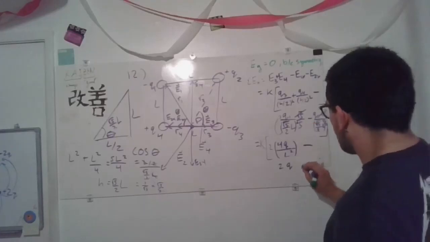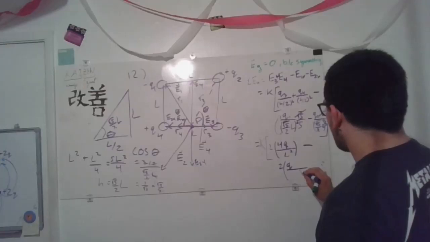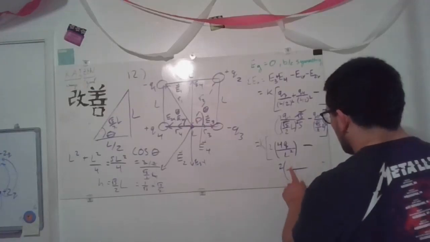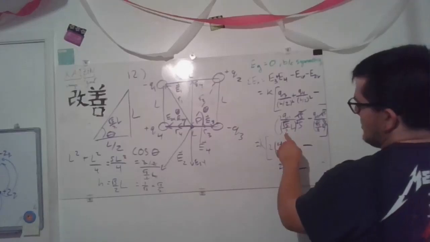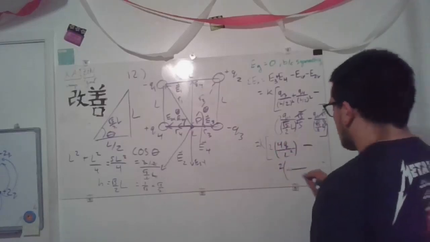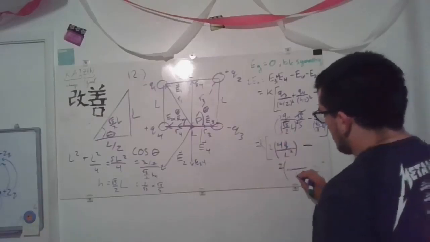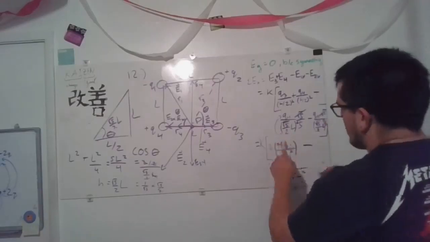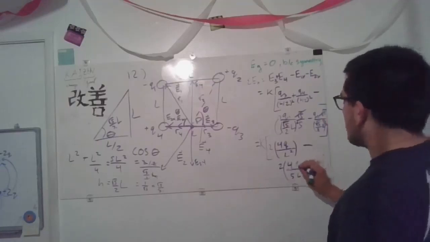And then 2 times, let's see. Radical 5 over 2 times this will be, I'll get an L squared, right? Radical 5 will just become a 5, and then square root of 2 will become a 4 on the top, right? And then I'll have Q1.